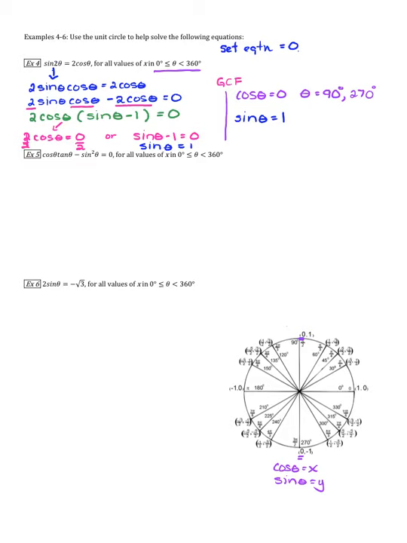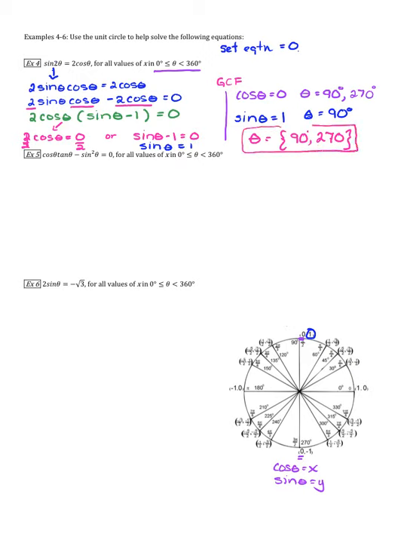And I only see one possibility, which would be right here, which is also at 90 degrees. So my answer, we usually like to write it as a set, is 90 and 270. It's okay that there's the repeat. It's still the same solution. That would be your answer right there.